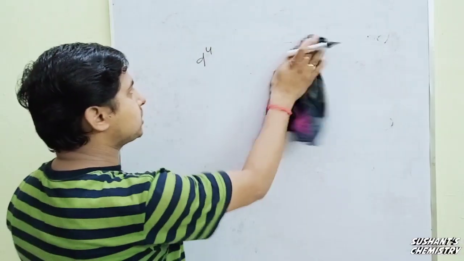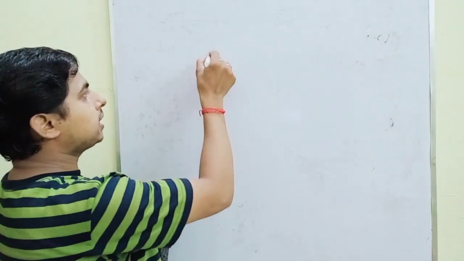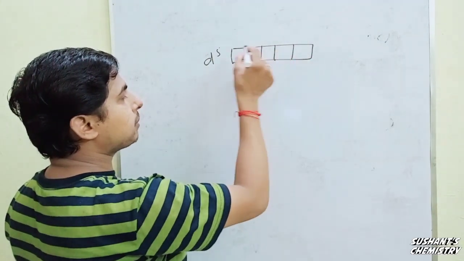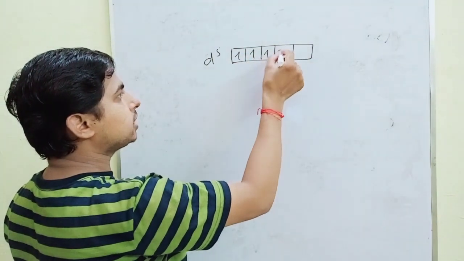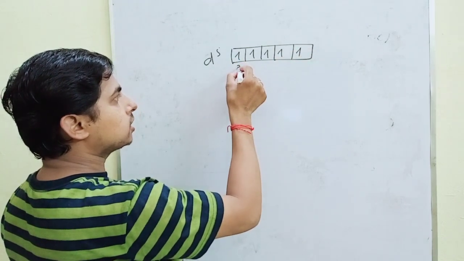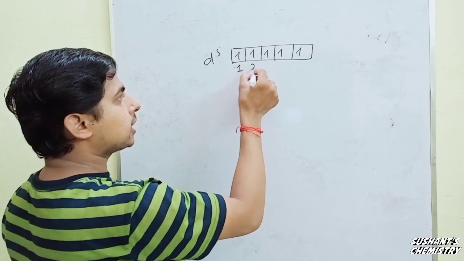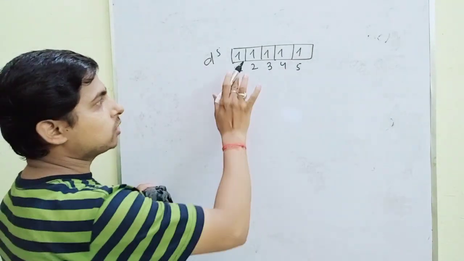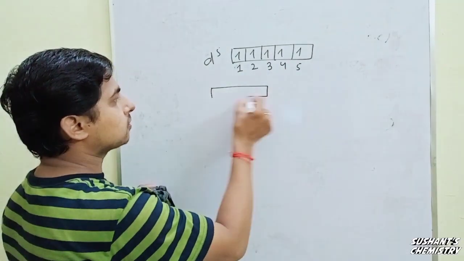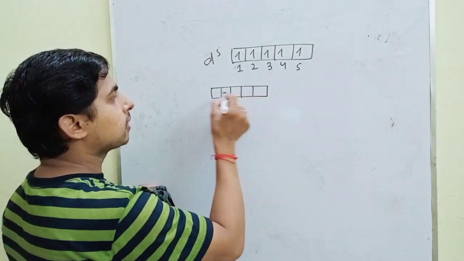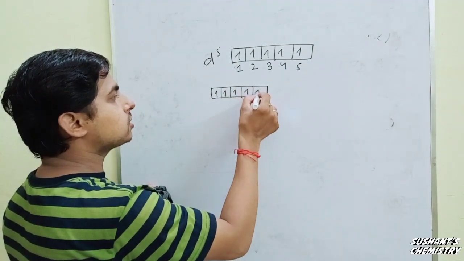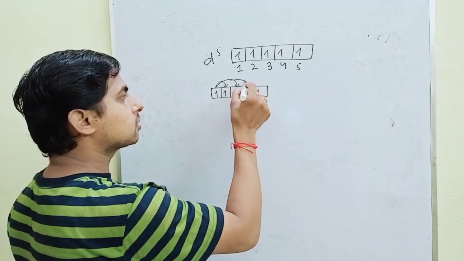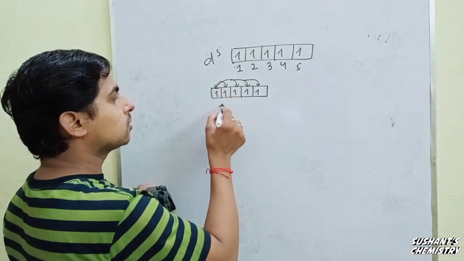Similarly, in D5 configuration: 1, 2, 3, 4, 5. First electron, second electron, third, fourth, fifth. The first electron can exchange in how many ways? 4 ways.